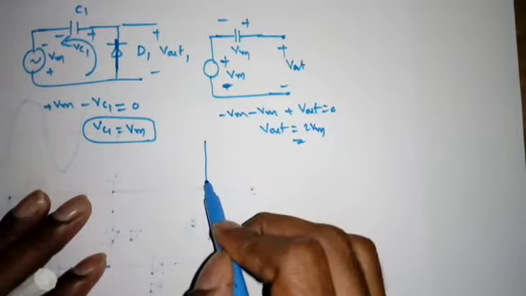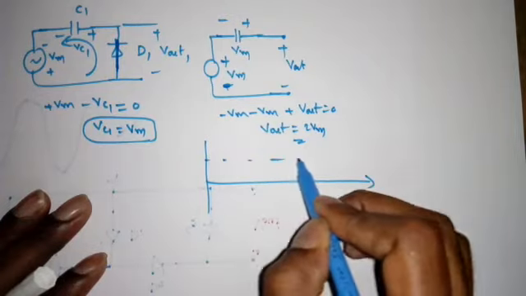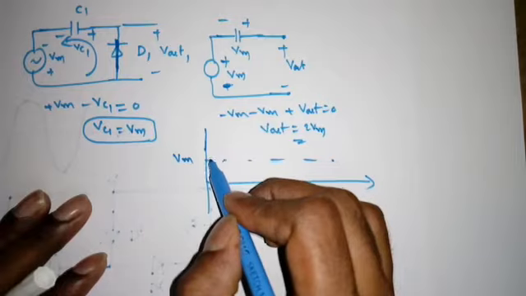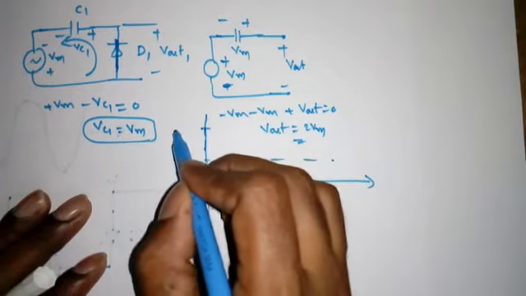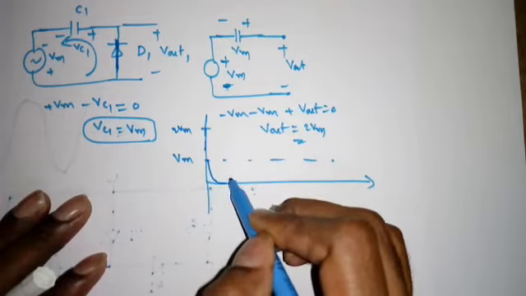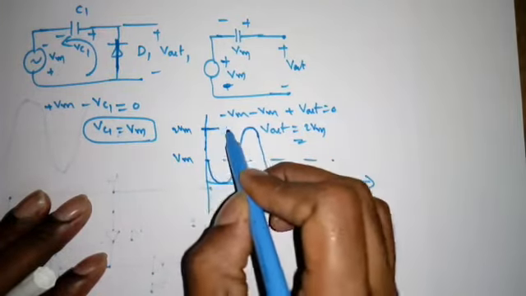If I draw the output waveform, what we will get? We will get the DC voltage as Vm, and we can get the maximum peak as 2Vm. So approximately we can get the waveform as something like this, right? And so on. Now what is the maximum peak? 2Vm.